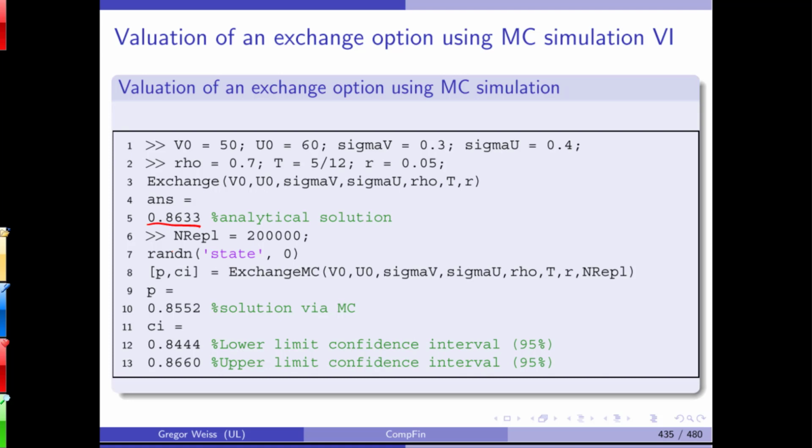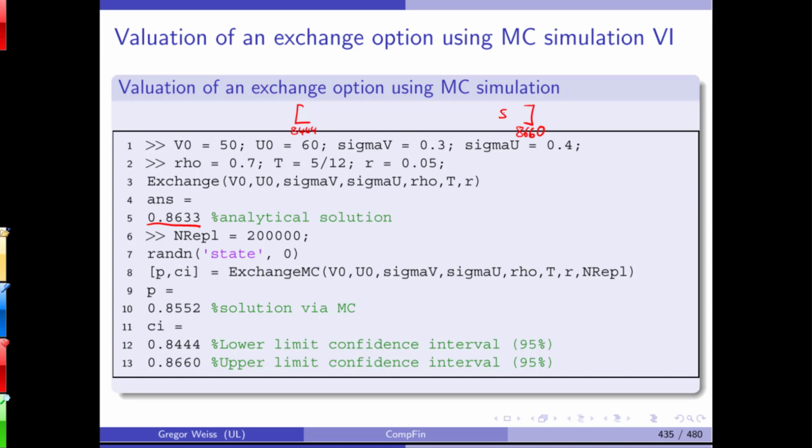And now we do Monte Carlo simulation using 200,000 simulations, and as you can see, the solution is 0.8552, and the confidence interval is 0.8444 up to 0.8660.